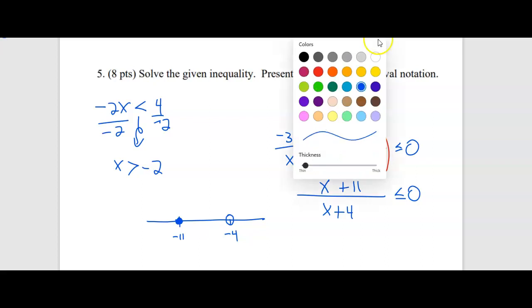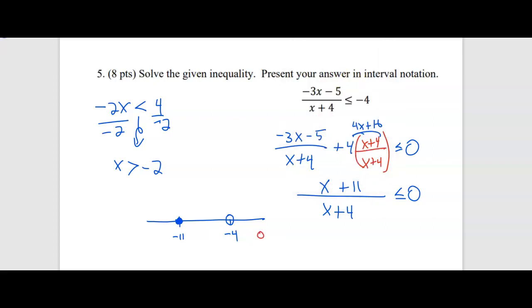And now we go through and just test some points. For example, testing 0, that would give me 11/4. That's positive. If I try negative 10, that would give me a positive on the top, 1, and a negative on the bottom. Positive and a negative makes a negative.